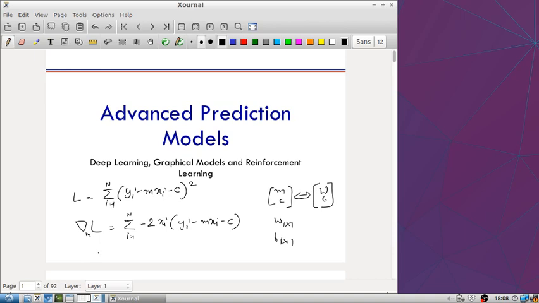For example, update of m at iteration t plus 1 would be just equal to m at iteration t minus some step size times the gradient of the loss at m equal to m at step t. That's all. So you will need this because the gradient depends on the value of m, so you need to substitute some value of m. You're taking the gradient at m superscript t.